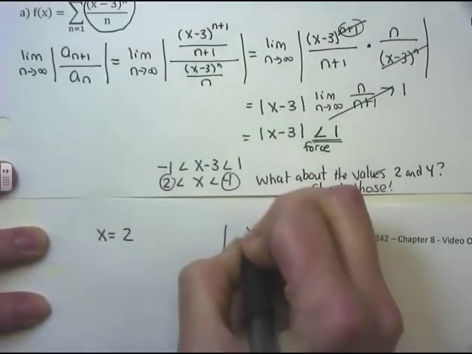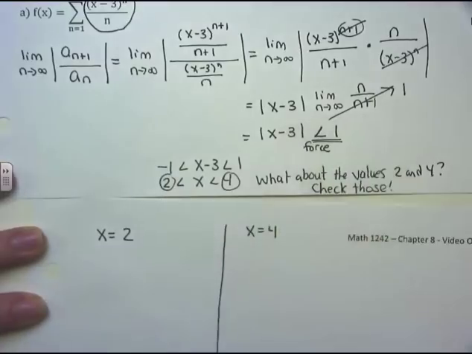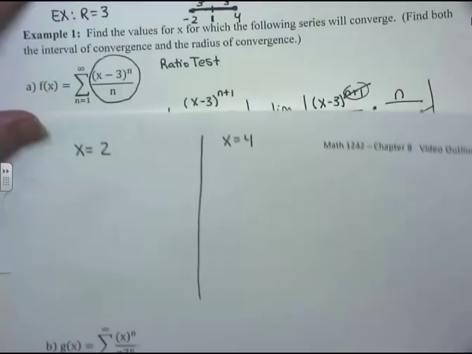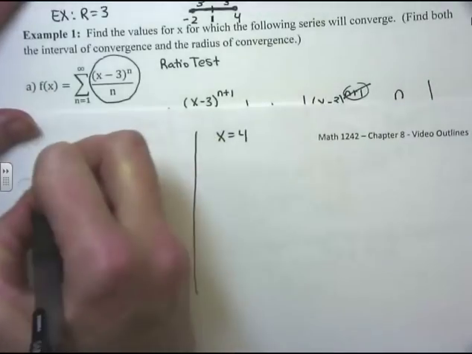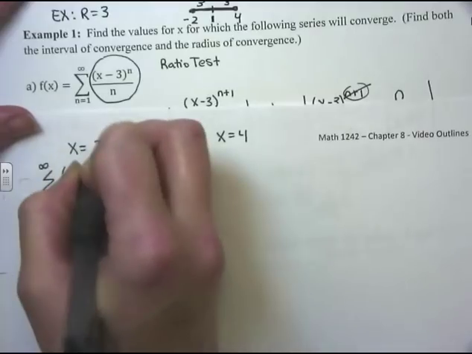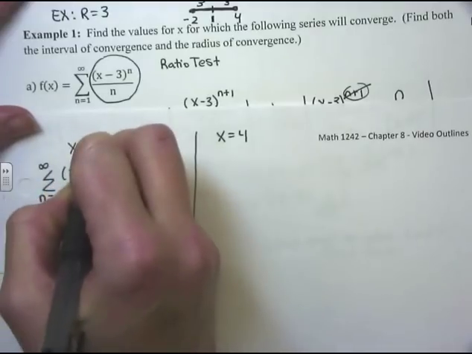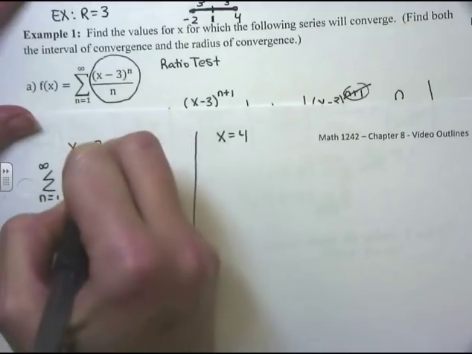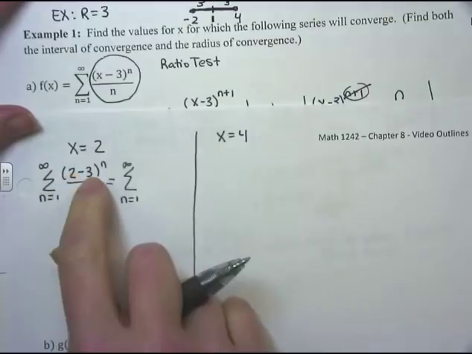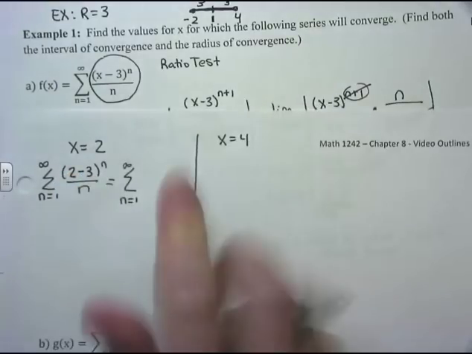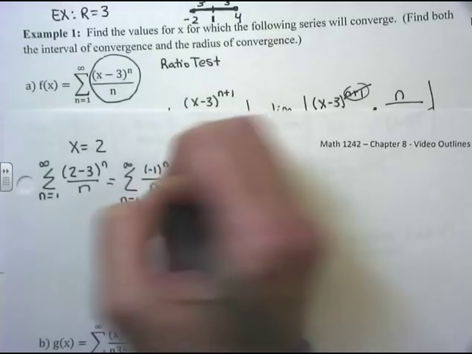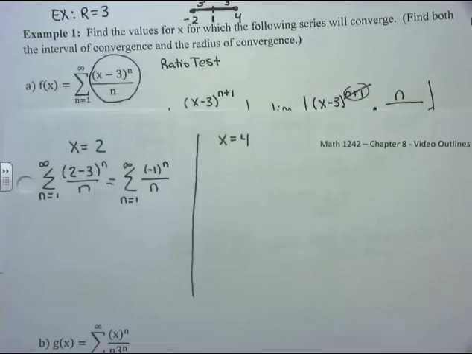I want to let x equal 4 and see what happens to our series. So looking at our given series, it is the series going from 1 up to infinity of x, which I'm plugging in as 2, minus 3 to the n over n. Simplifying, I'm looking at the series of (negative 1)^n divided by n.